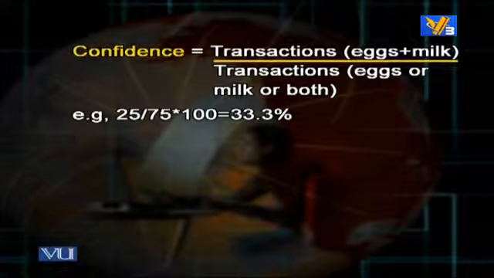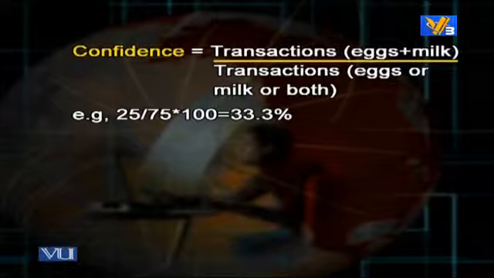For example, there are 25 transactions in which eggs and milk are sold, and there are 75 such transactions in which either eggs or milk or both are sold. When we divide 25 by 75 and multiply by 100, we get 33.3%.